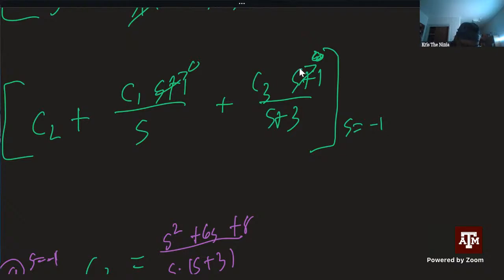So for C3, we would have C1 over S plus C2 over S plus 1 plus C3 over S plus 3. And then we have all this multiplied by S plus 3. That cancels with this. And now we have C3 plus C1 times S plus 3 over S plus 1 plus C2 times S plus 3 over S plus 1.